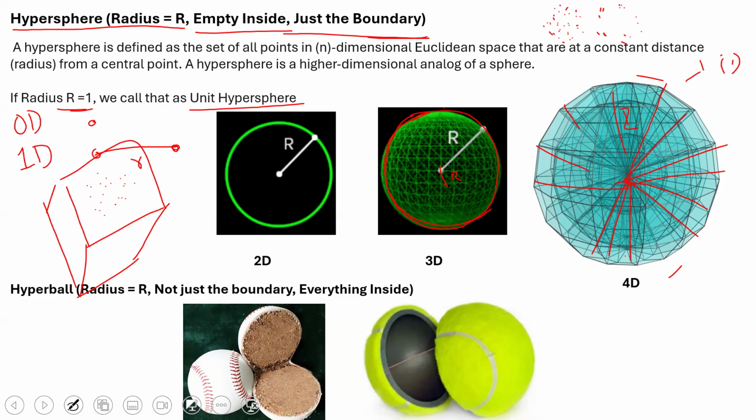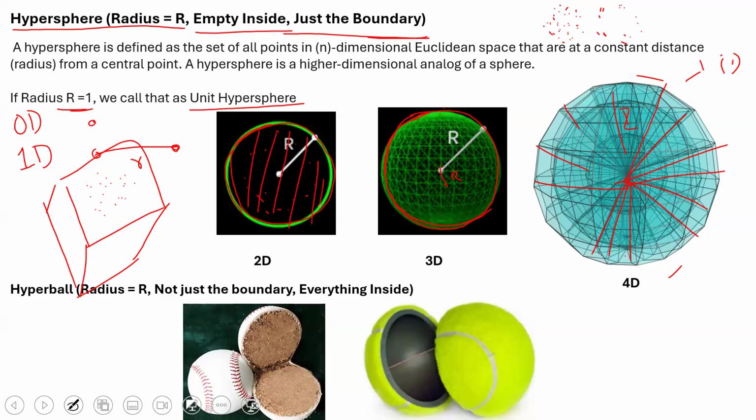Okay, and the only difference between a hyperball and a hypersphere is that they both are equal, but a hyperball also includes the points within that circle or within that radius r. A hypersphere is bothered only about the points which are at distance r from the center point, but a hyperball includes all the points within that space.